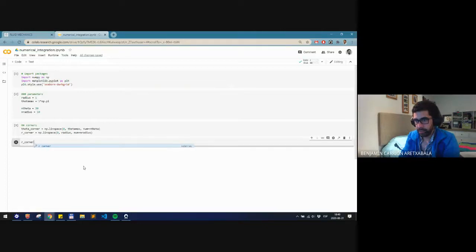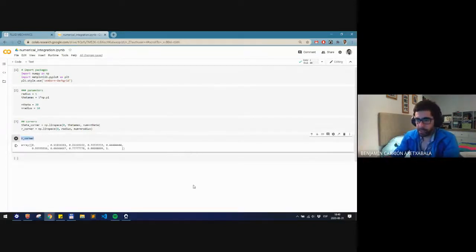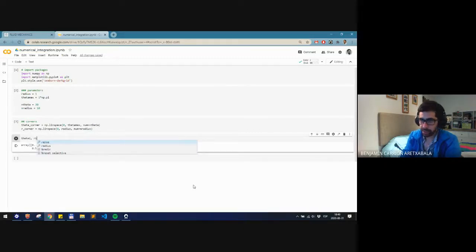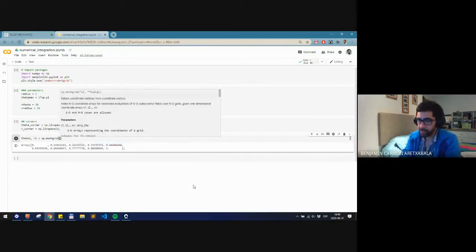This creates a vector from 0 to 1. But we want a mesh for these corners. We're going to call it with the same variable names. You create a mesh with this numpy function. I don't expect you to know this, so that's why I'm showing you. Basically, this function creates a mesh if you give it two vectors.